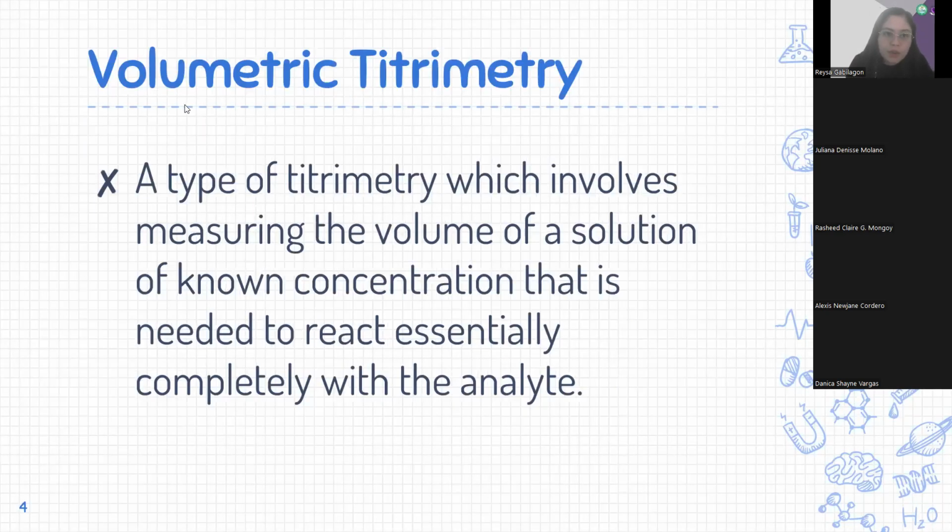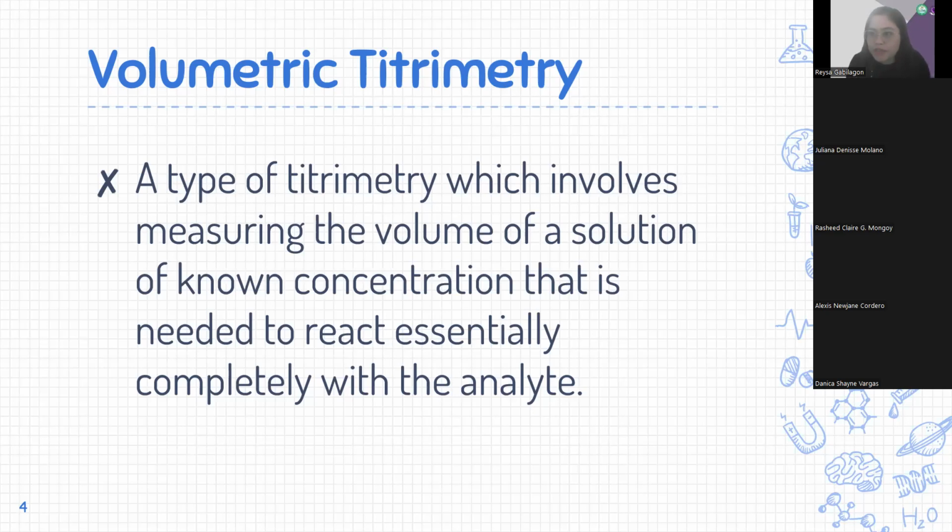Now, we have the so-called volumetric titrimetry. Volumetric titrimetry siya kasi it involves the determination of the volume of the titrant. Yung titrant, ayun yung nasa burette. Okay? Yung nasa burette, diba?